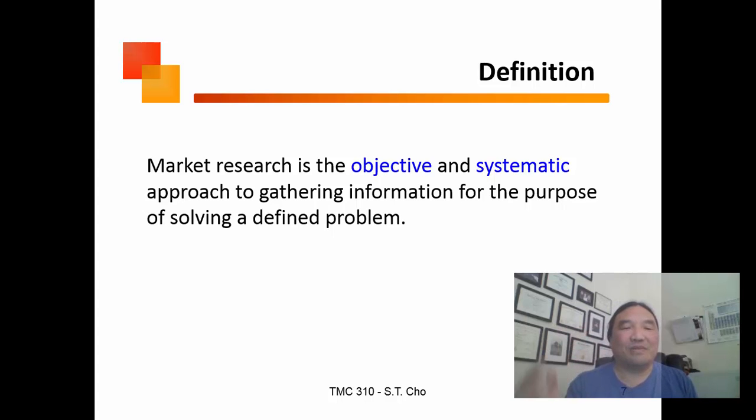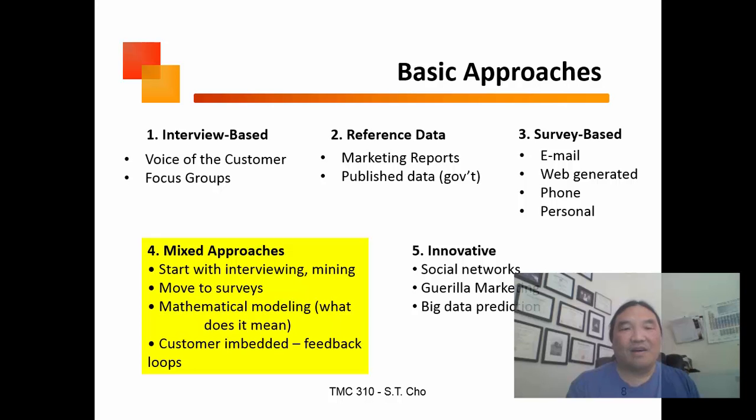You're creating apples and oranges. This is the basic approach to how you get data. You can interview people, you can look at reports, you can generate your own data through surveys, or you can use innovative techniques, which is using digital data or digital fact-finding.